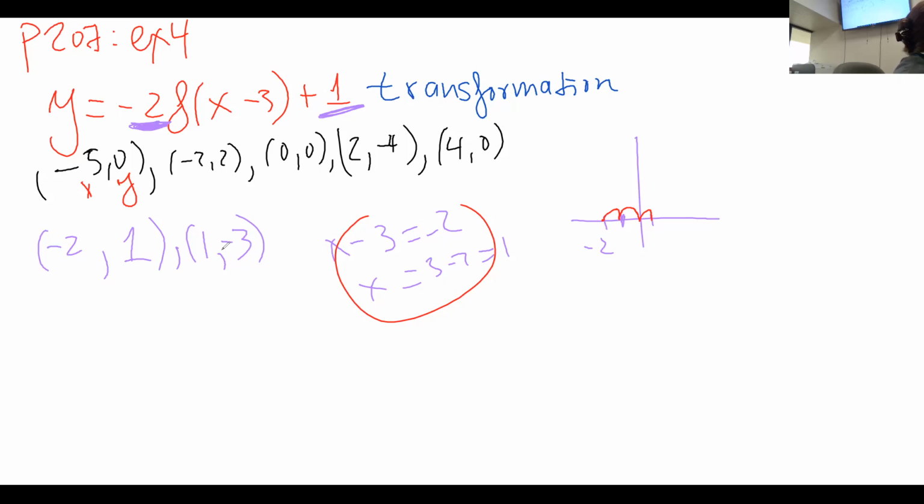Then the y, you have to multiply the y by negative 2. So multiplying the y by negative 2 is still 0. And then when you add 1, it's going to move 1 later. So that's what it is.